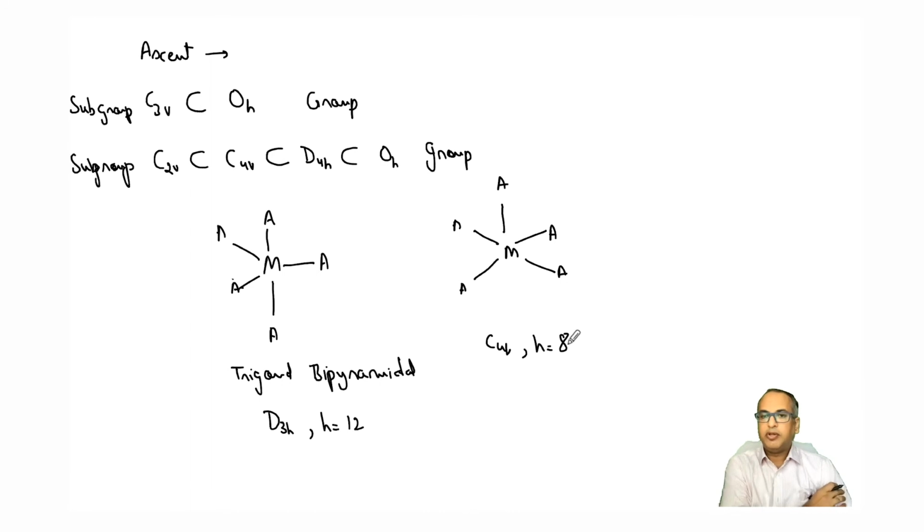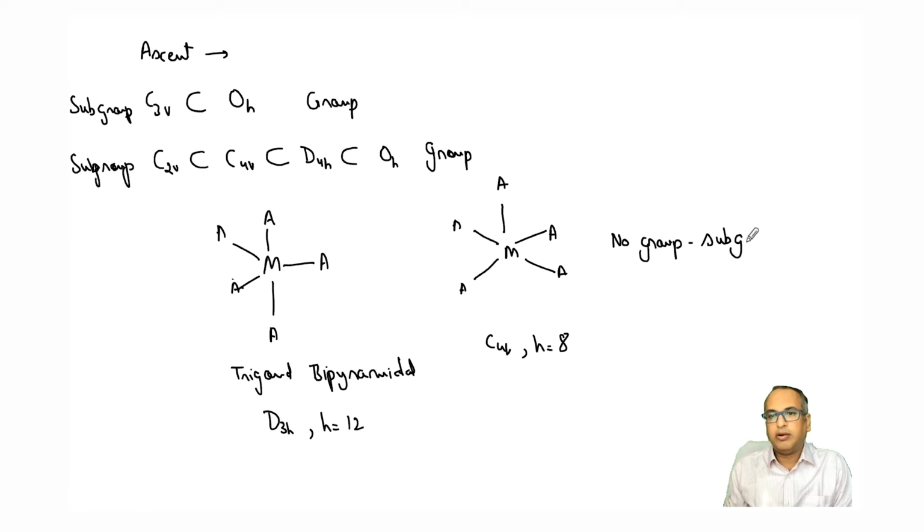Now 8 and 12 are not related as an integral divisor, so this is not a subgroup relation. So there is no group subgroup relation observed here, because there is an overall change in the central metal atom geometry. That is very important: the basic geometry of the molecule has to be preserved if they have to follow the group subgroup relation.